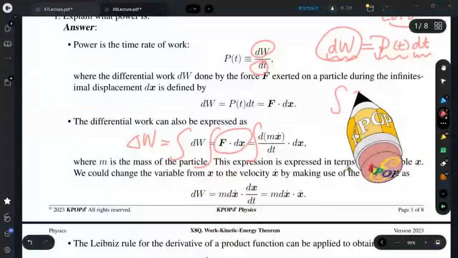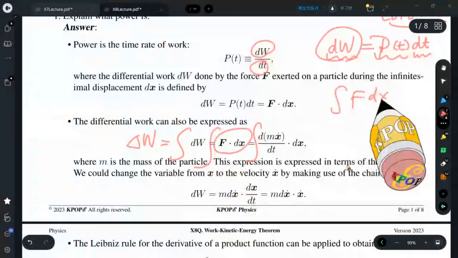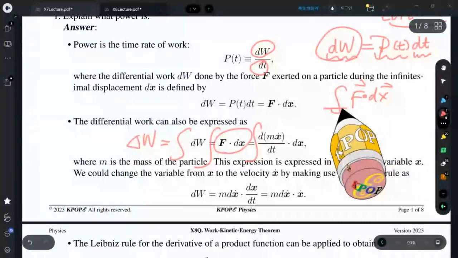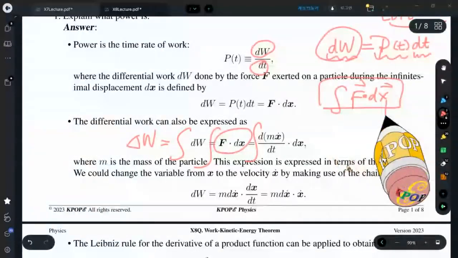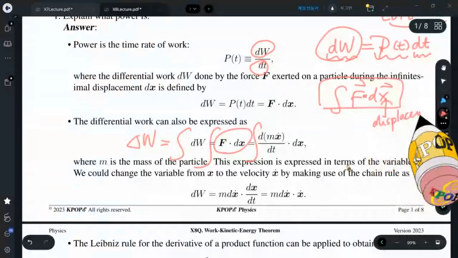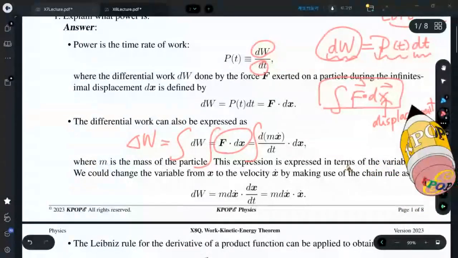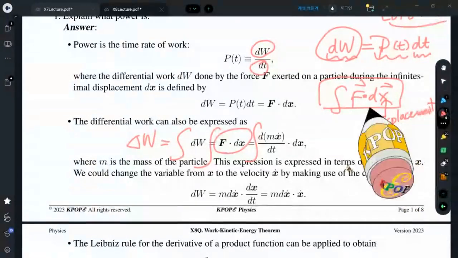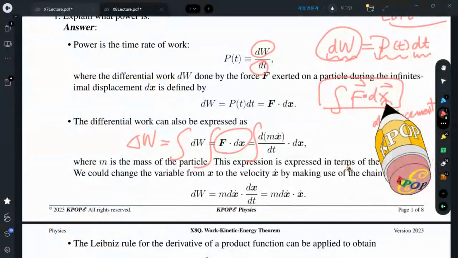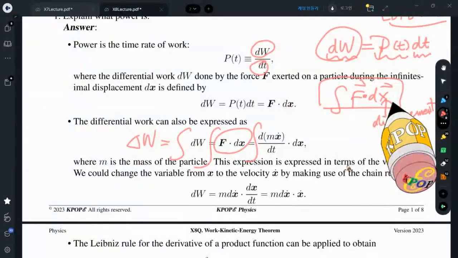In here, F dot dx, the vector scalar product, is the integration over displacement. We usually change the integral variable from the displacement to something else.